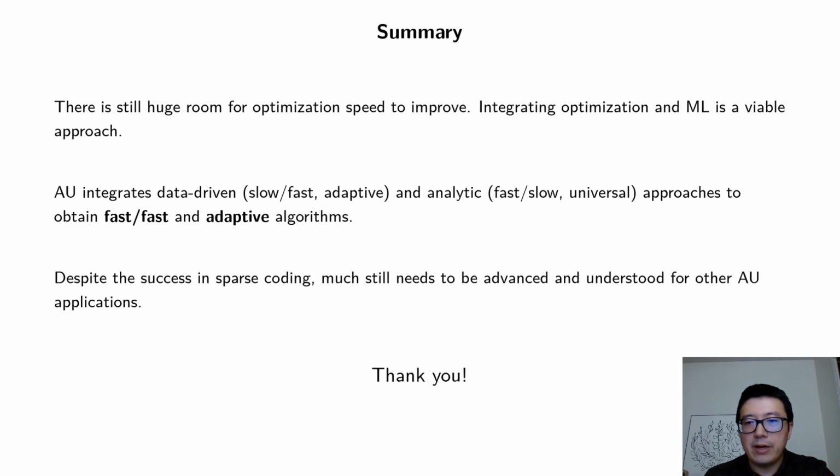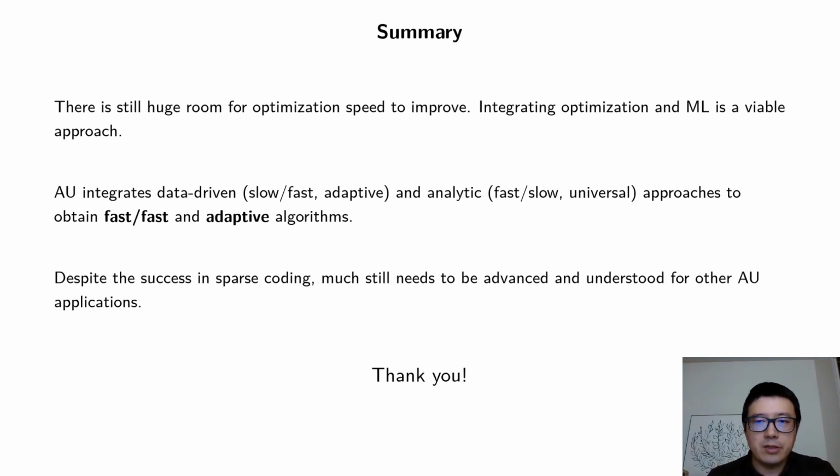To wrap up, let me summarize this talk. So hopefully I have demonstrated there's a huge room for optimization to improve in terms of speed and solution quality. And one of the viable methods is to incorporate training and machine learning ideas into optimization.